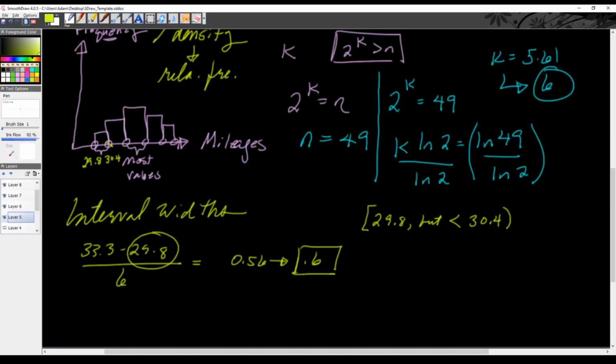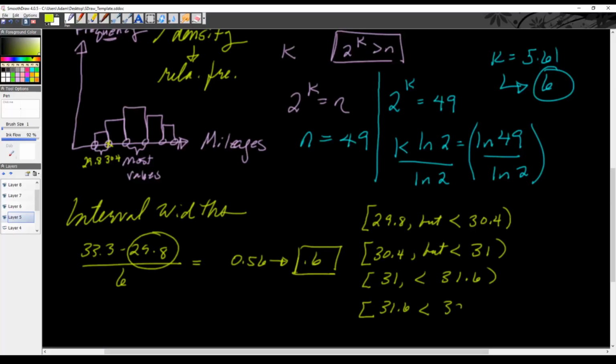So 30.4 is the next bottom of the class width. So 30.4 but less than, so I add 0.6 to 30.4 and I get 31. And then 31 but less than 31.6, I'm not writing it all out. And then 31.6 but less than 32.2.